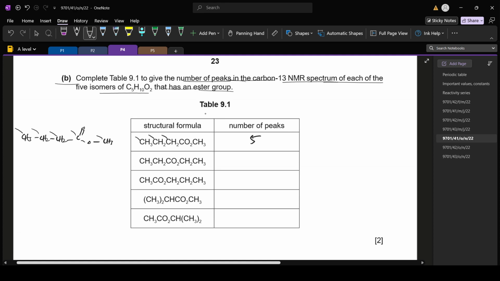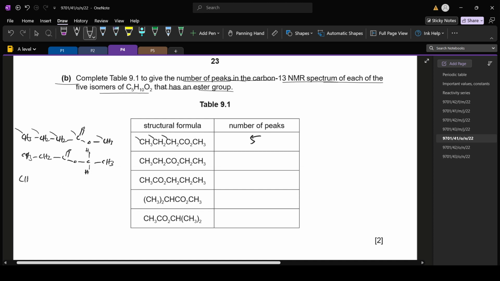Now for the second part, let's draw the structure of this as well: CH3CH2C double bond, CH2CH3.